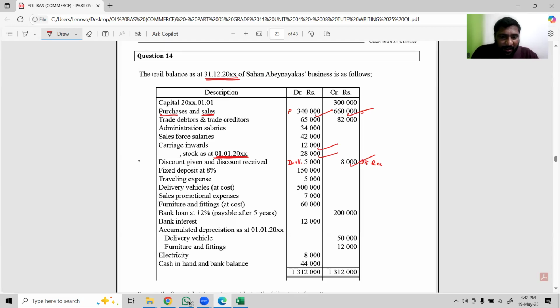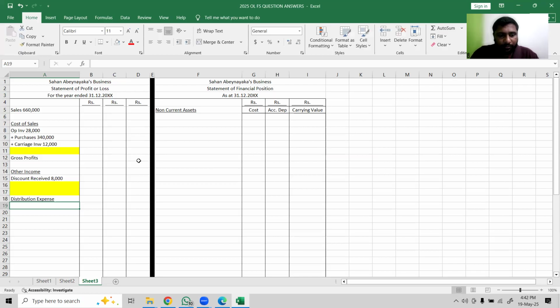So sales staff, sales force salary 42,000.